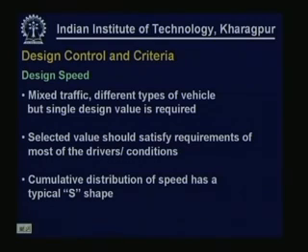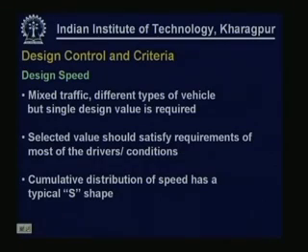So, a single value is to be selected, and in most cases that single value is selected on the basis that it should satisfy the requirements of most of the drivers and conditions. Maybe it may not be adequate for some extreme conditions, but the design values that are taken should satisfy the requirements of most of the drivers and operating conditions.